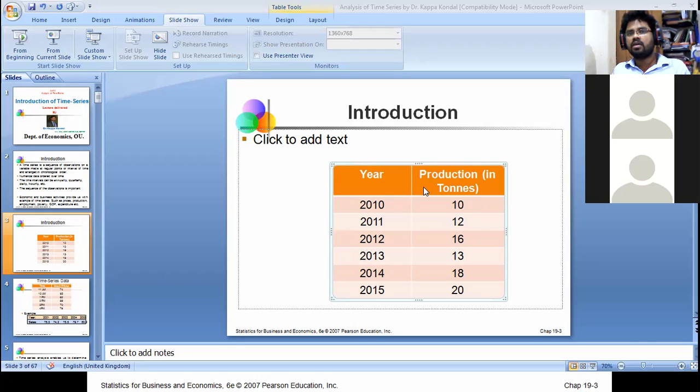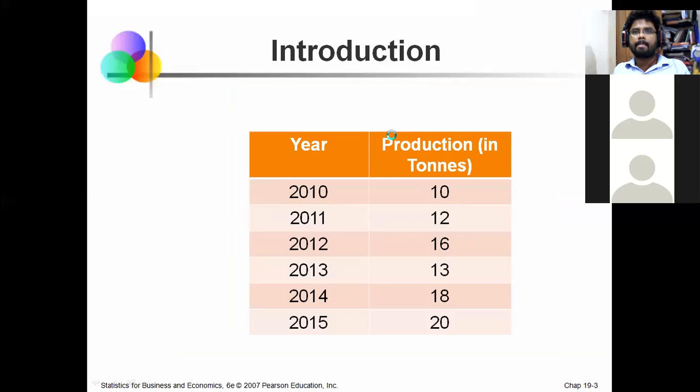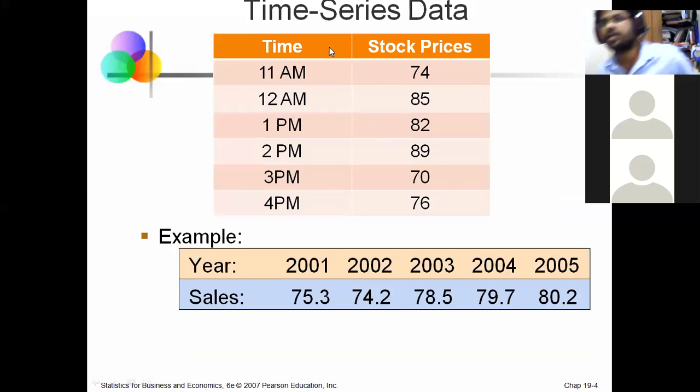So I'm going to show another one. Please look at this one. See, the time series data, stock prices. For example, at 11 a.m. the stock price value of some commodity is 74 rupees.